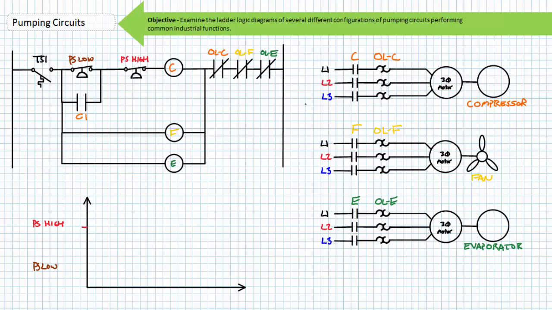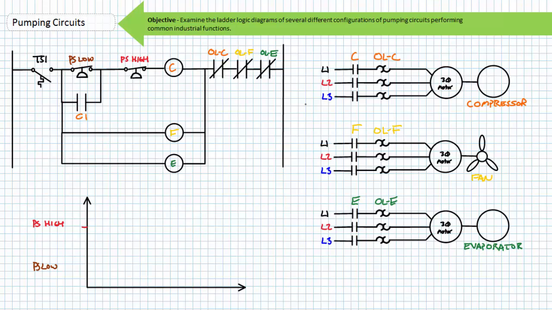Recall from our previous discussion of overload contacts that this is a series arrangement, and that an overload in any one of these 3 different devices would de-energize all 3 motors. Rung 2 is an auxiliary contact of the C contactor called C1 that serves as a holding contact.